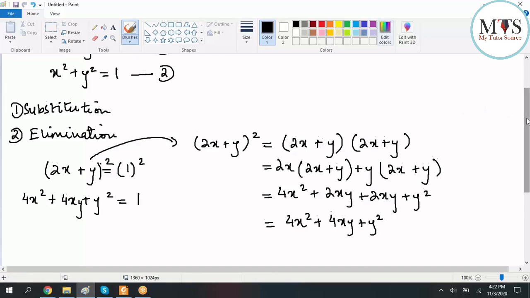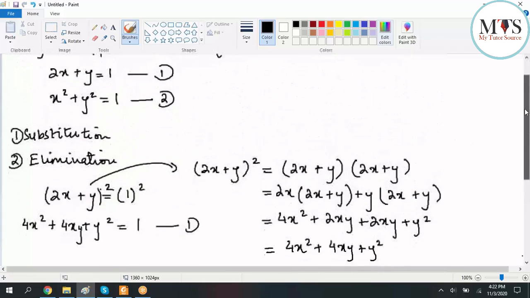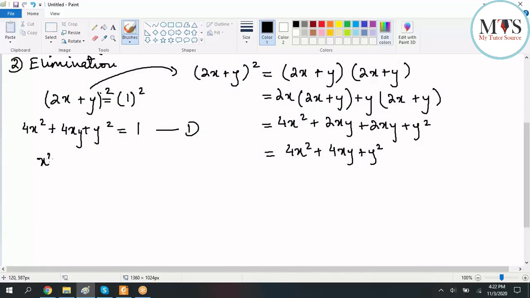Okay, so going back, this is our first equation now, and the second equation we had was x squared plus y squared equals 1. So what we can do is subtract both the equations.